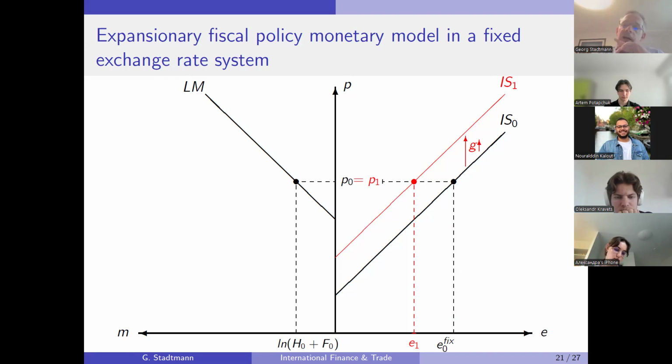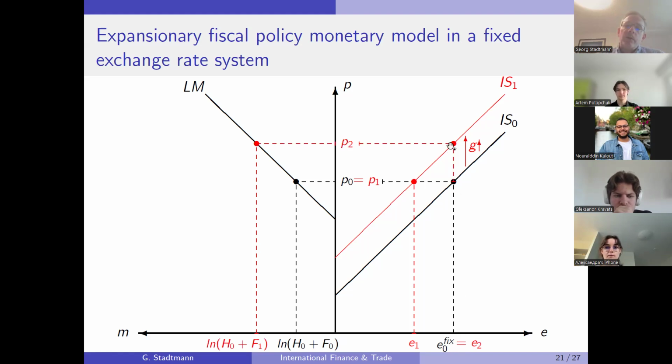In order to find out how the new equilibrium looks, we have to start here at the fixed exchange rate level in the right part of the diagram. The exchange rate E2 has to be equal to the fixed exchange rate here because the exchange rate should not change. So we are starting in this part of the diagram, where the exchange rate is fixed.